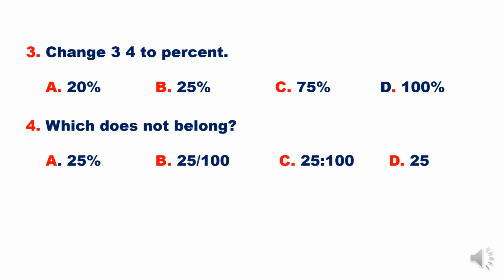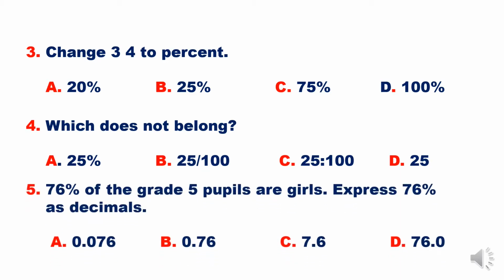Number 4. Which does not belong? A. 25%, B. 25 hundredths, C. 25:100, D. 25. Number 5. 76% of the grade 5 pupils are girls. Express 76% as decimal.